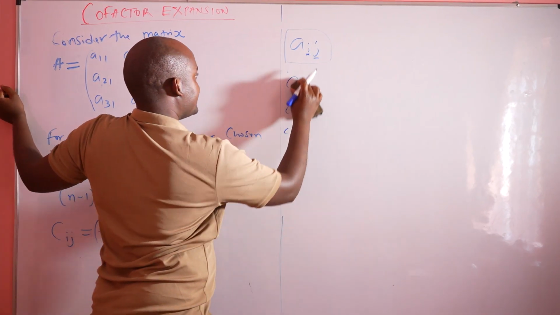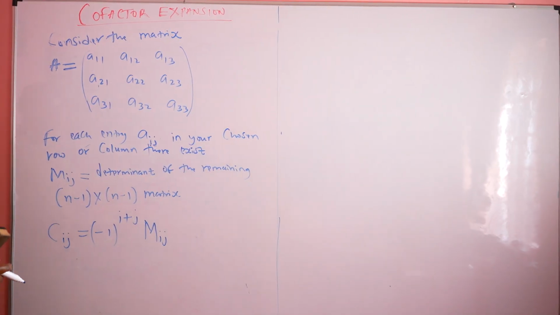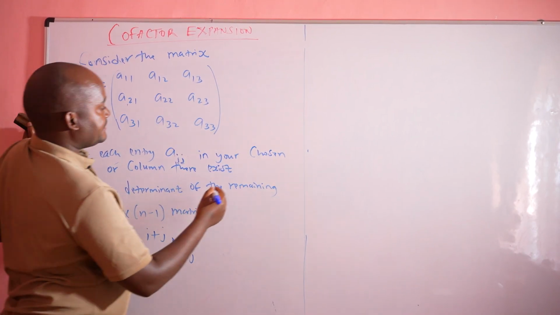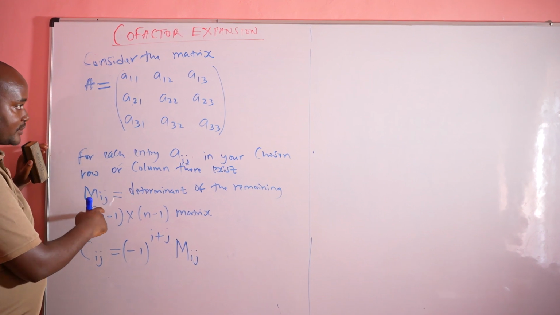In this case, we are just choosing a 3 by 3 case. So how do we compute this Mij? For example, you can talk of Mij where i is equal to 1 and j is equal to 1.